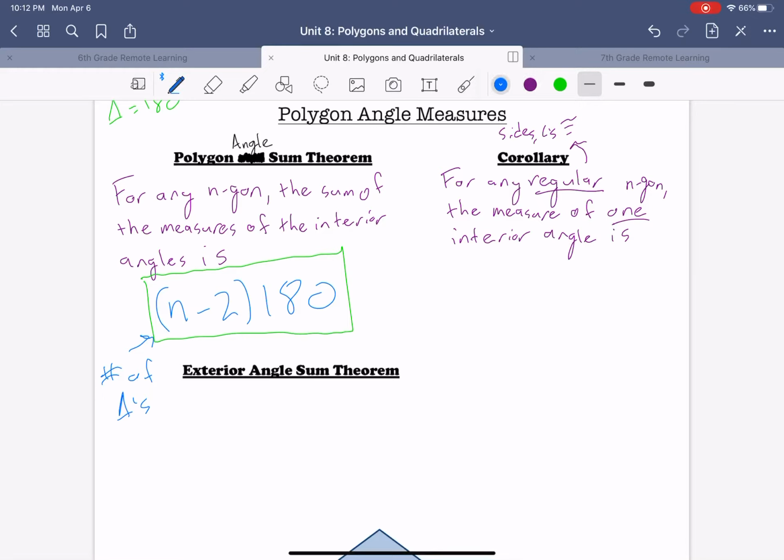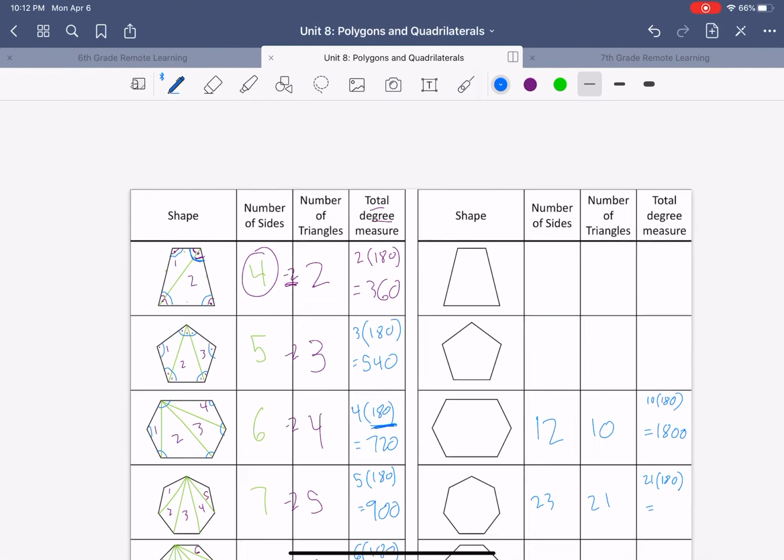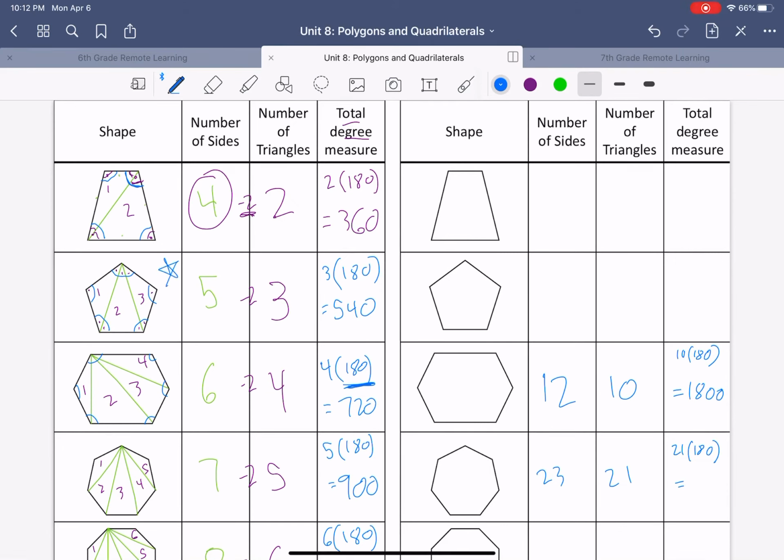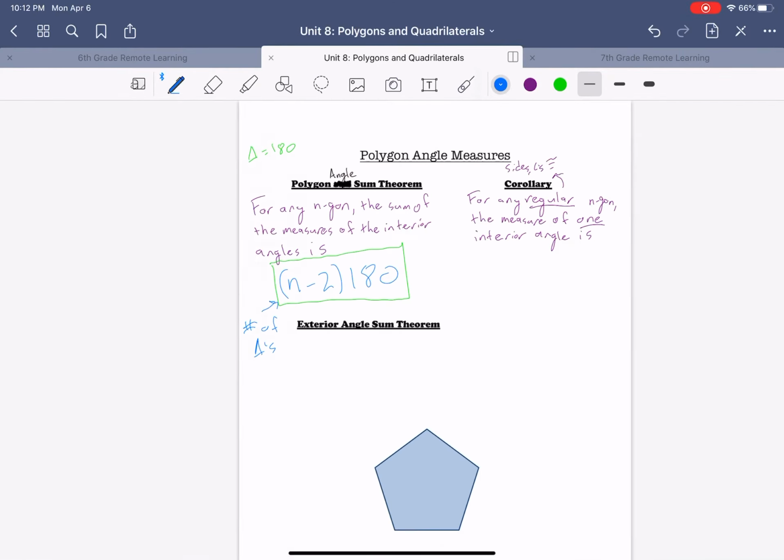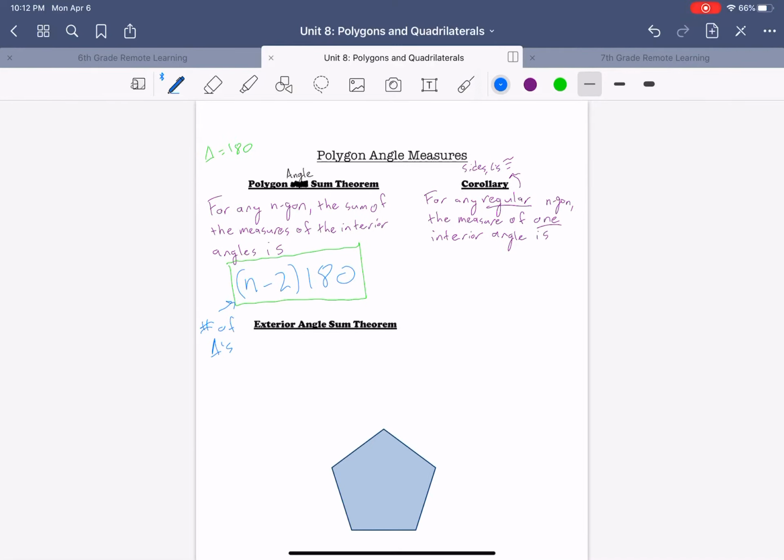So let's say that I had a regular pentagon, okay? We found out over here that pentagons, here's my pentagon, their interior angles add to 540. So if I have a pentagon, let's say it's 540 and it's regular, so regular means all of the angles are congruent.